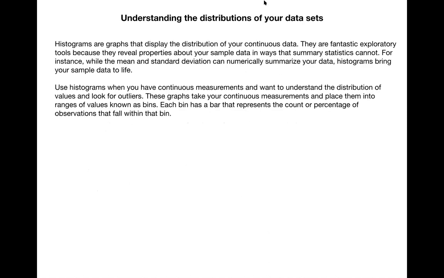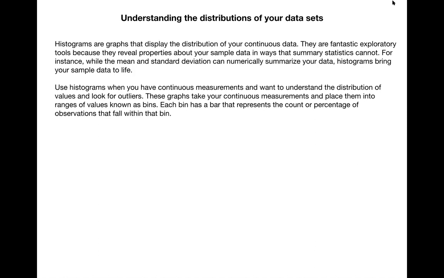Understanding distributions using histograms is a very interesting topic. You can always use interesting measures of your data set. For example, you can ask what the mean and median of the data set are, and what the standard deviation, the mode, or the skewness is.